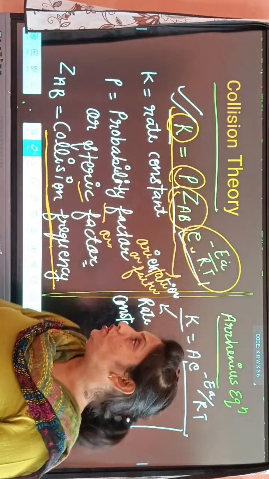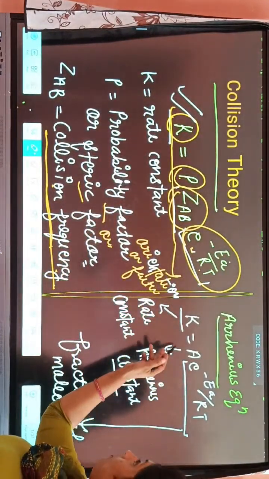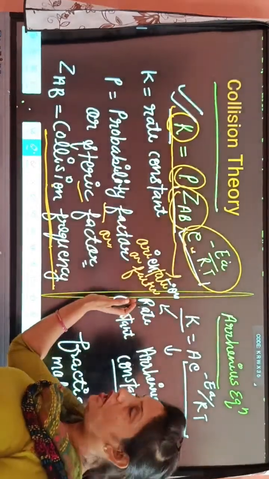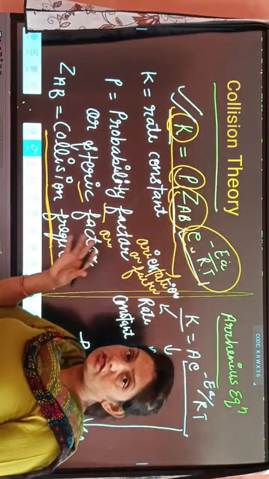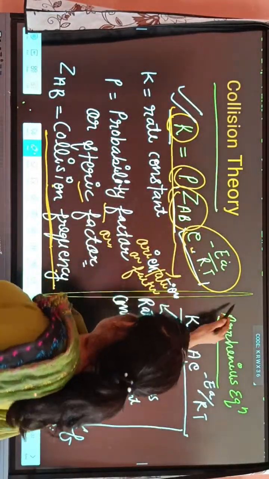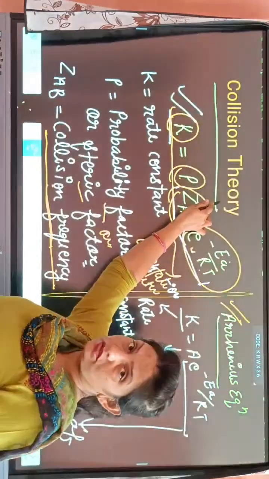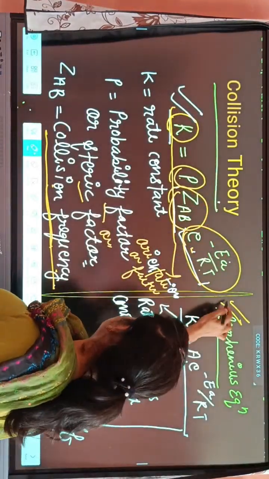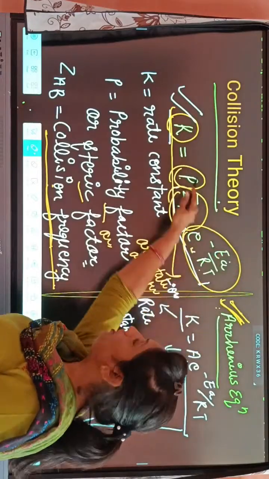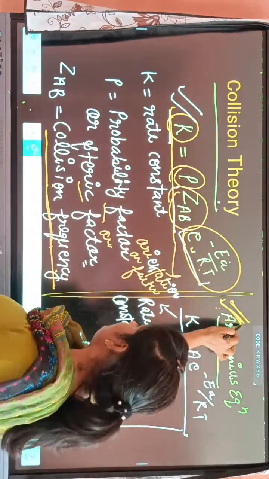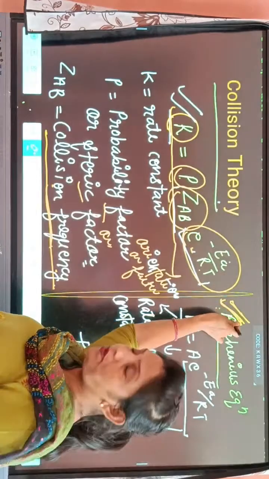You can also compare it with the Arrhenius theory. If I talk about efficiency, Arrhenius is the best as compared to collision theory. It is more applicable. Why is Arrhenius more applicable?